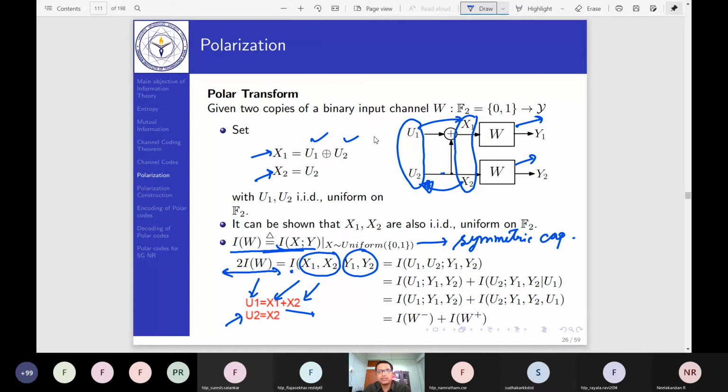Okay. Since there is no information loss, if we move from X1, X2 to U1, U2, this has to be true. That means the mutual information between X1, X2 and Y1, Y2 should be equal to the mutual information between U's and Y's. Then here we'll use the chain rule of mutual information. So we'll consider the first random variable U1, and we'll consider Y1 and Y2.